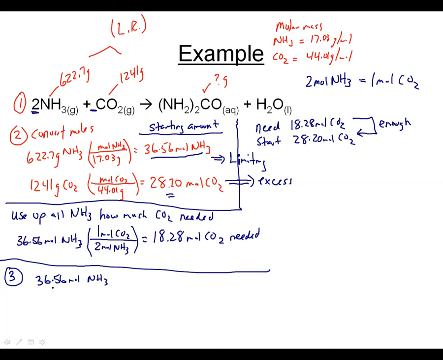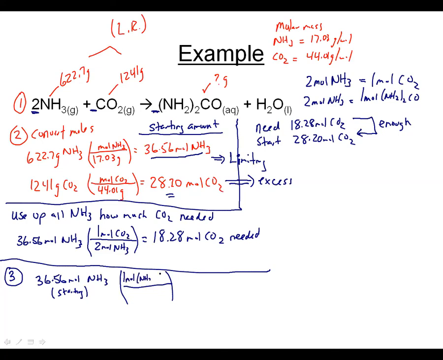And again, this is our starting amount. We are now interested in our limiting reagent, which is NH3, which is 2 moles of NH3, and our product, which is only 1 mole of our NH2CONH2, again from the coefficients.